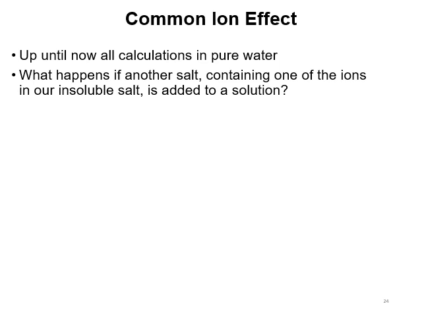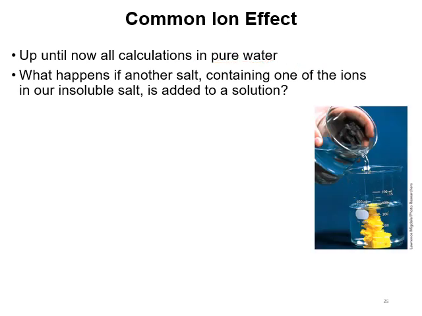So the solvent was just water by itself. Now what happens if instead of using pure water as our solvent, we use another solution as our solvent, which already has some of the ions present in it? Okay, what do I mean by that? Let's look at one of the very common examples.